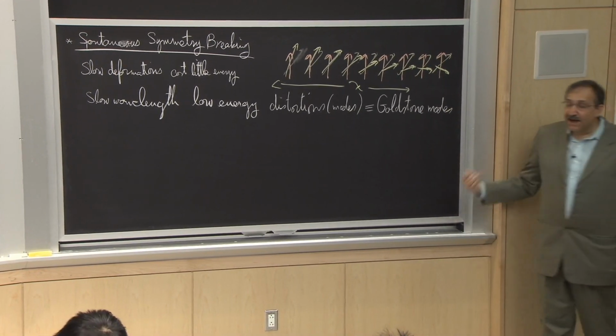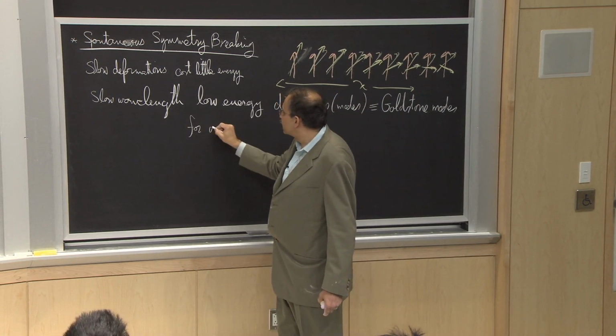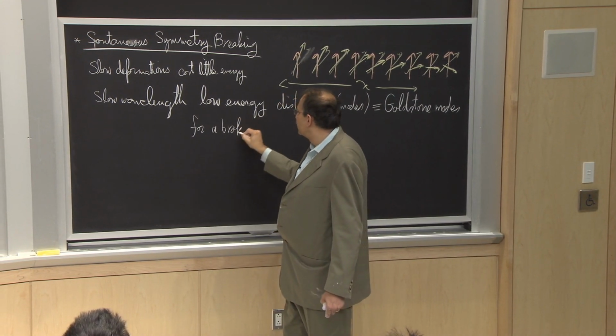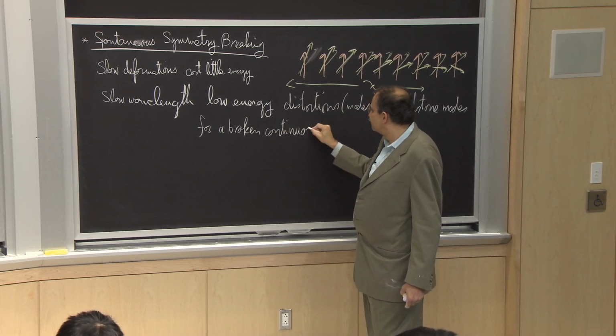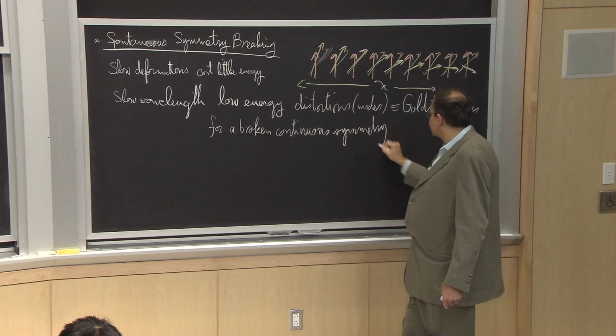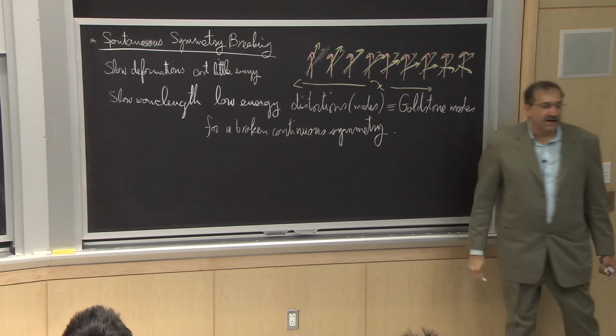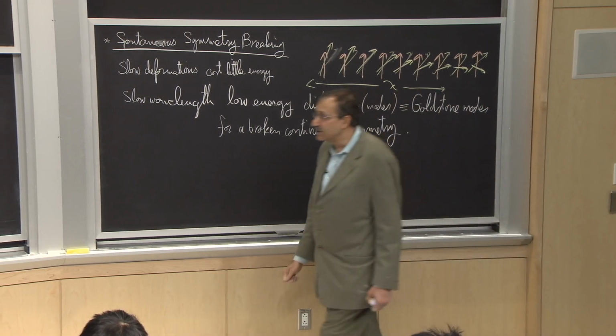But you can only have this for a broken continuous symmetry, such as what I have depicted there, where all orientations are equally likely.